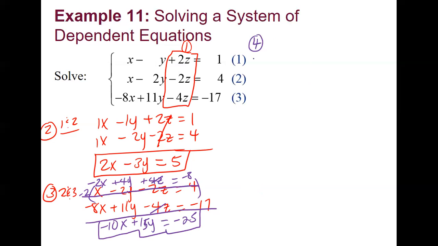All right, so now I have my 2 linear equations. We have 2x minus 3y equals 5. And we have -10x plus 15y equals -25. We have a GCF, don't we? Which we didn't call out here. So I'm going to have to divide each one by 5.